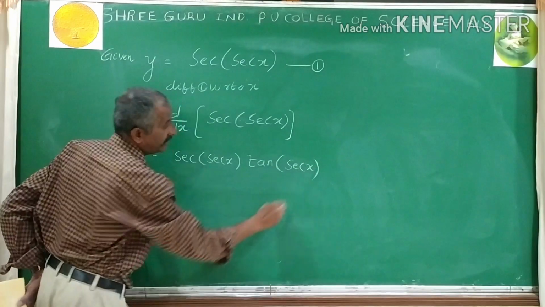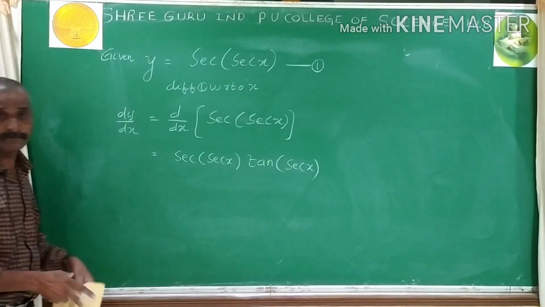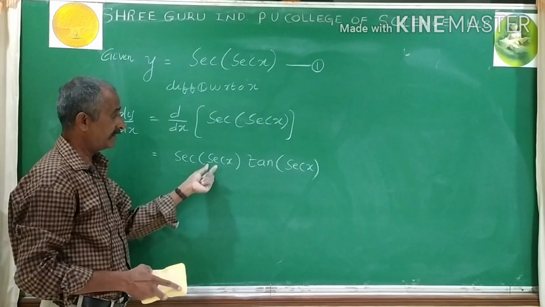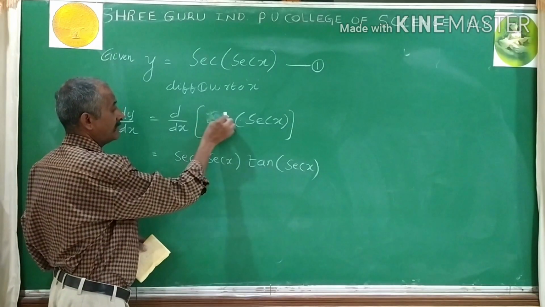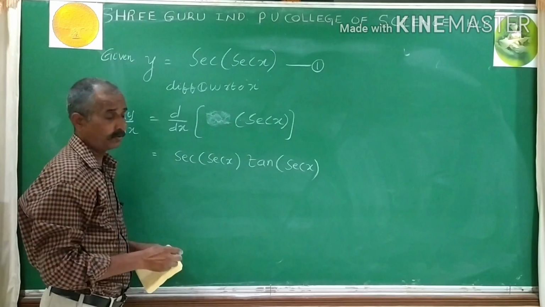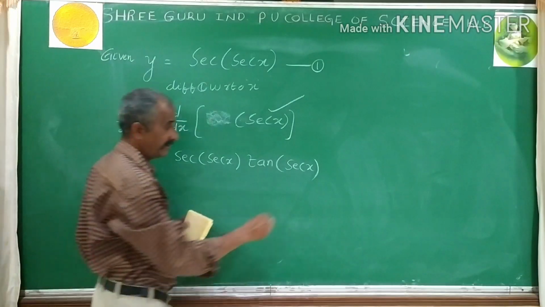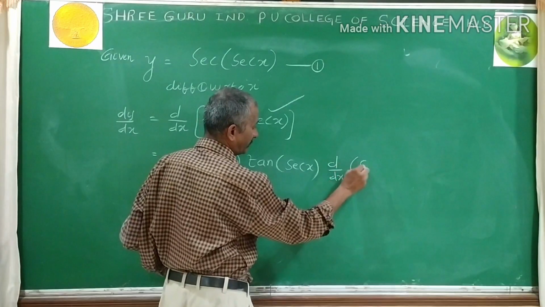Keep in mind, if it were sec x, your answer would be sec x into tan x. Instead of x, we have sec x. So the answer is sec of sec x into tan of sec x, but it is not over. Only this sec function's differentiation is over, followed by the differentiation of sec x, into d by dx of sec x.